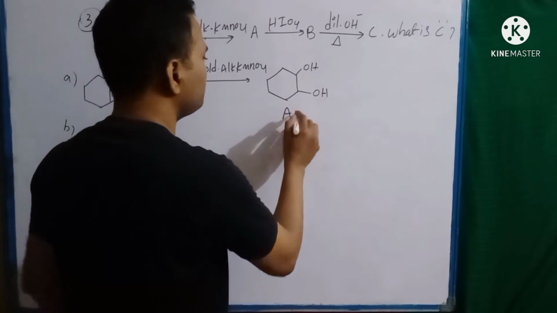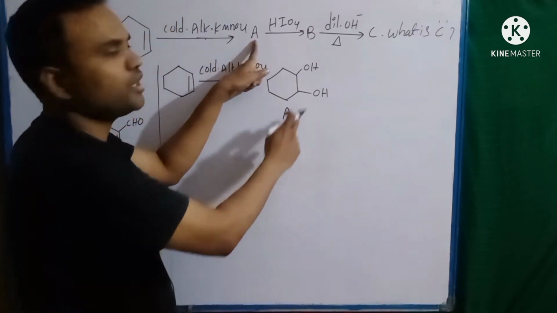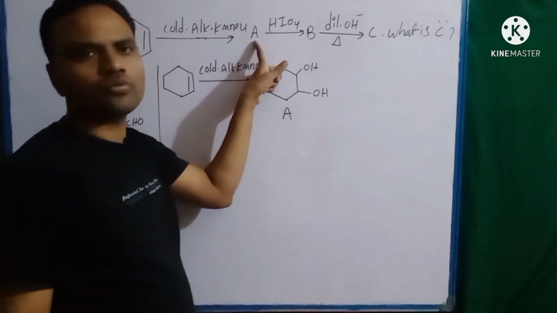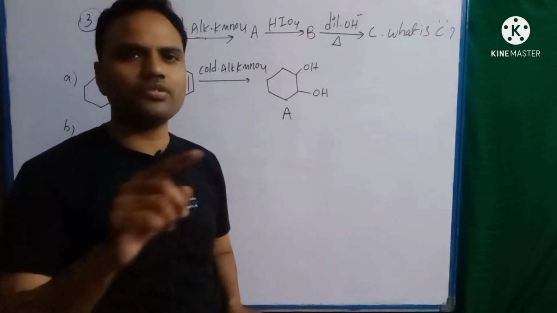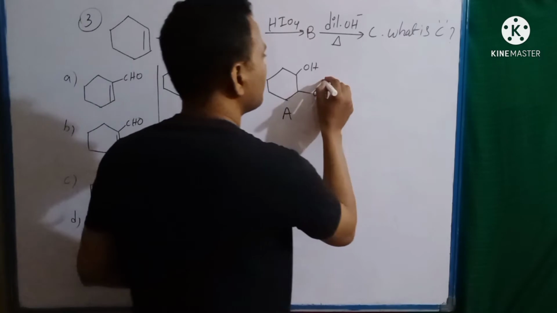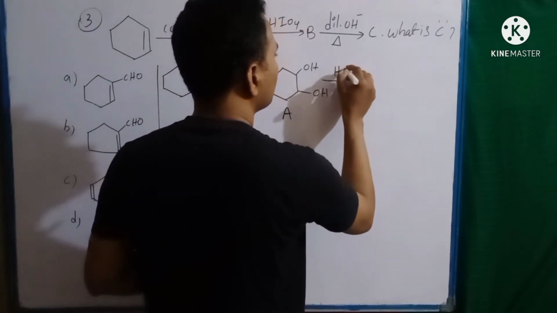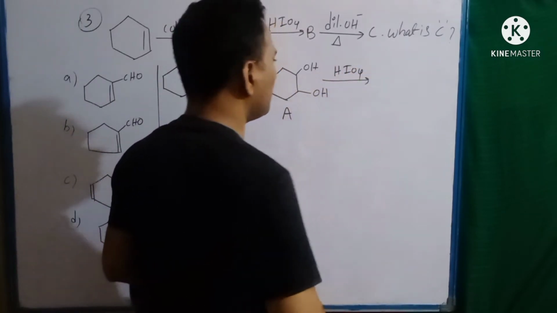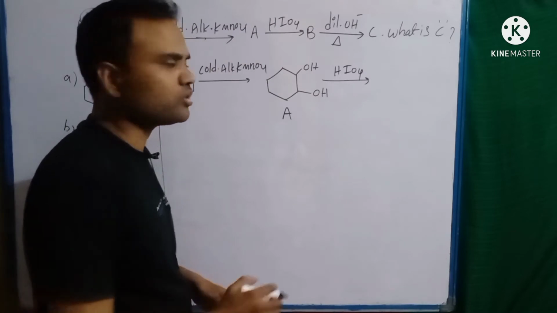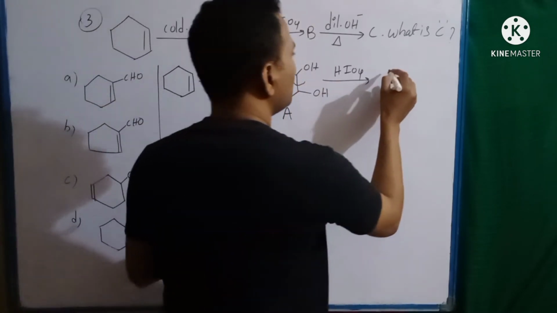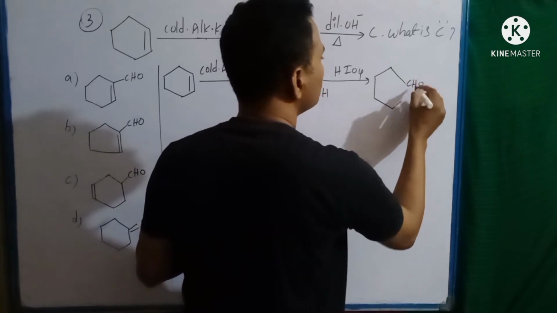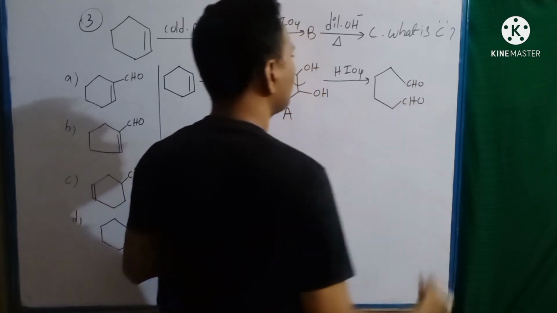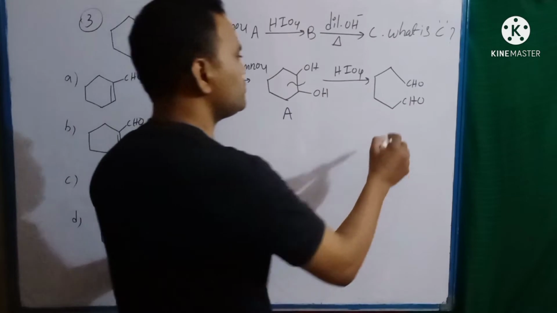So this is A, and A on treatment with HIO4. What is the role of HIO4? HIO4 is used to cleave the diol. When a diol is treated with HIO4, cleavage takes place and carbonyl compounds are formed. And this is B.